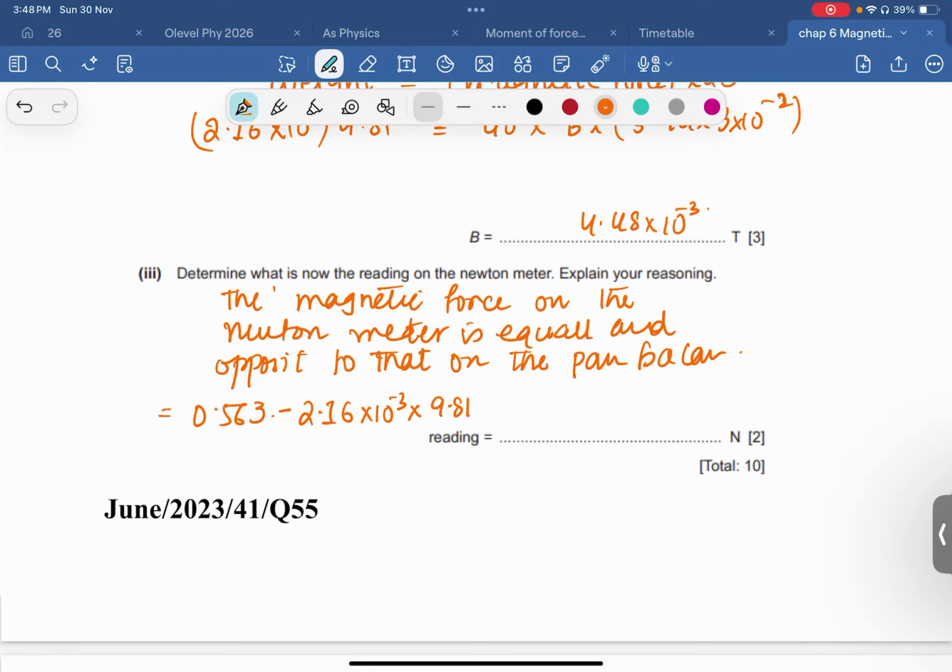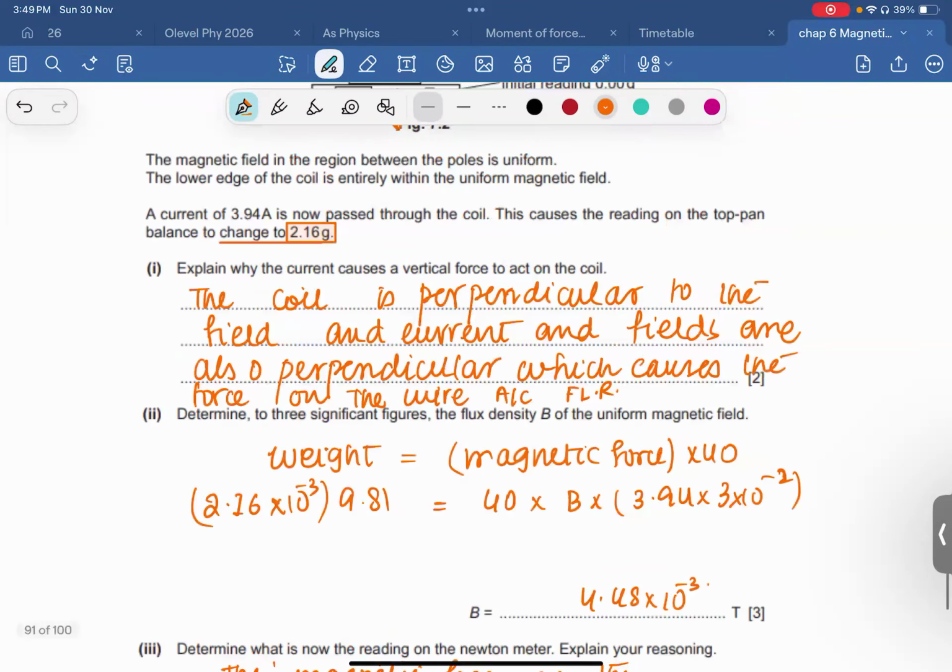So the reaction force that you will get would be 0.563 minus 2.16 exponent negative 3 into 9.81. So I am getting 0.542.